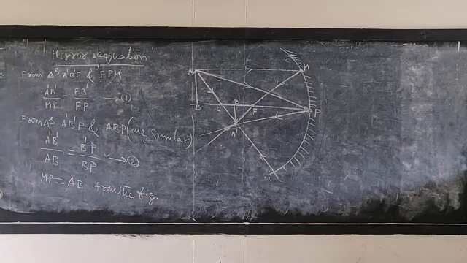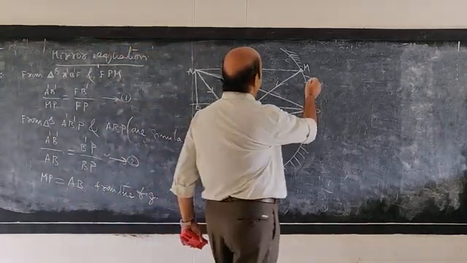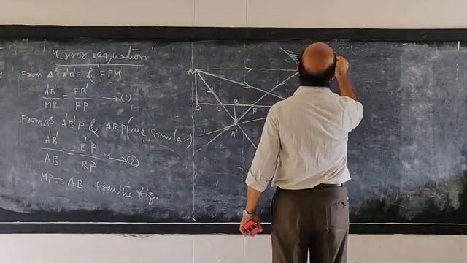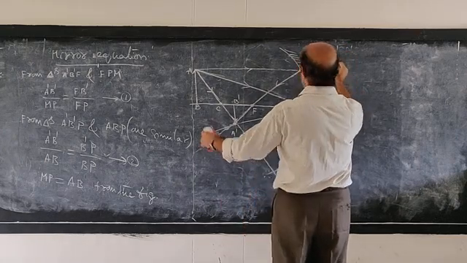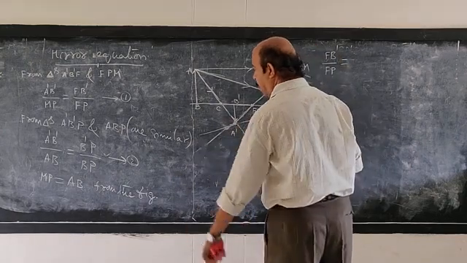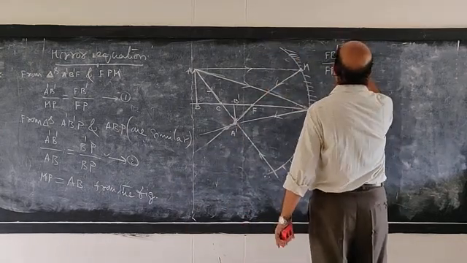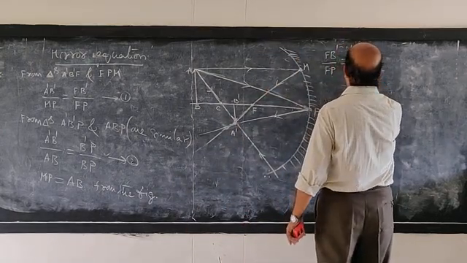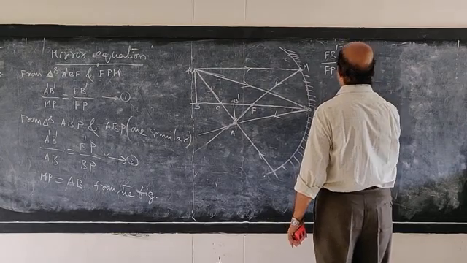Therefore, I can write: FB dash by FP is equal to B dash P by BP.